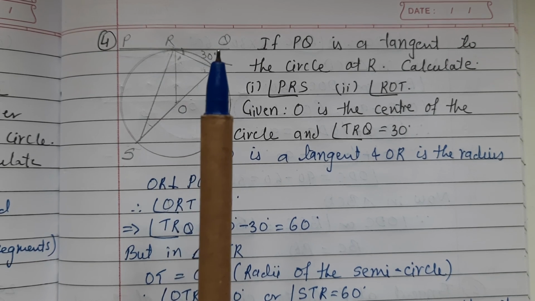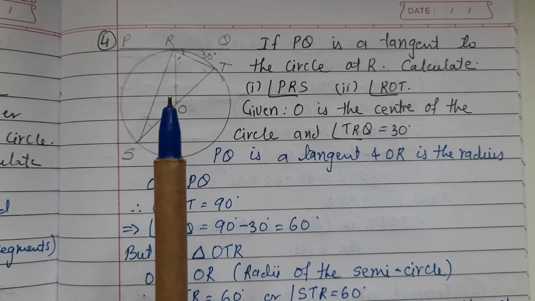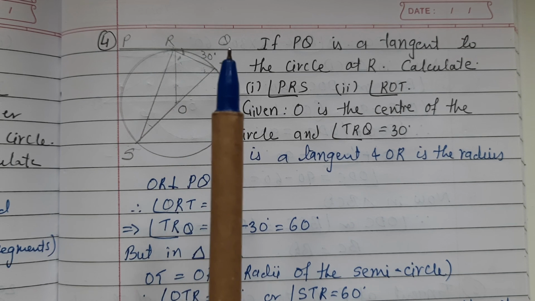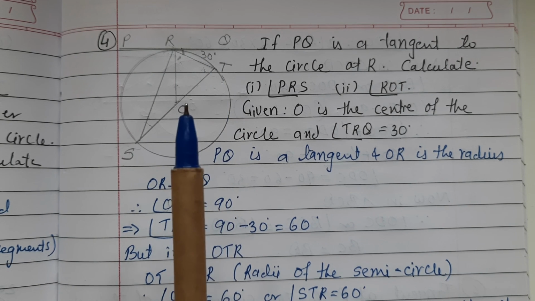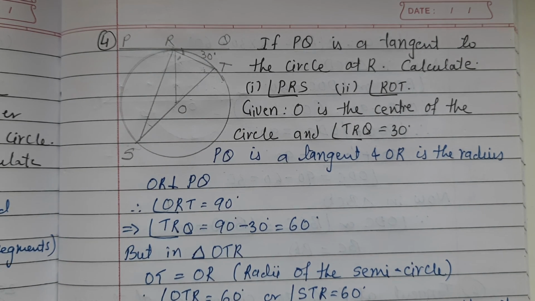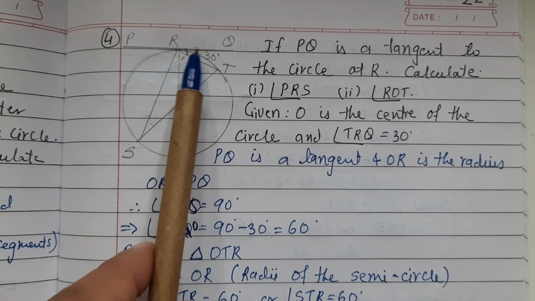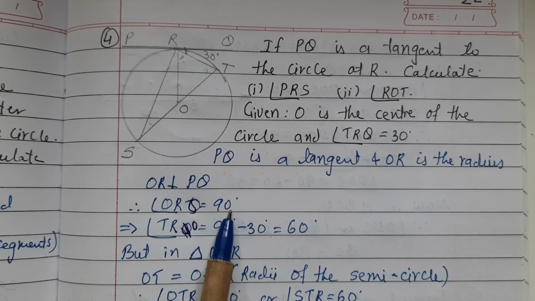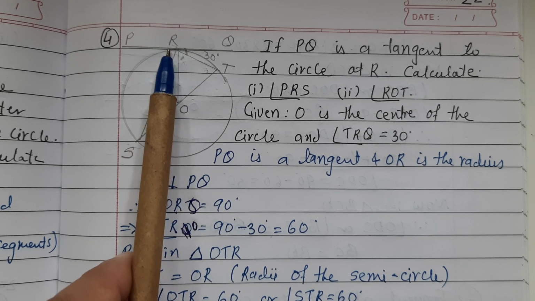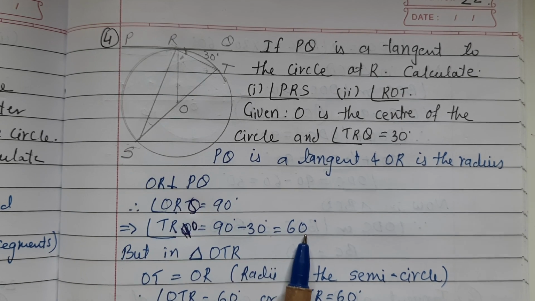PQ is a tangent and OR is the radius of the circle. Therefore, OR is perpendicular to PQ. Therefore, angle ORQ is 90 degrees. Therefore, angle ORT is 90 minus 30 equal to 60 degrees.